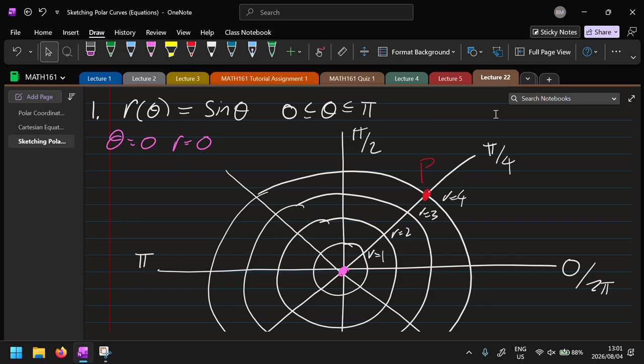One over root 2. So let's put here, when the angle is pi over 4, the radius is 1 over root 2. Now for sketching, we don't need the exact 1 over root 2. We can approximate it roughly. So as a decimal, what will that be?